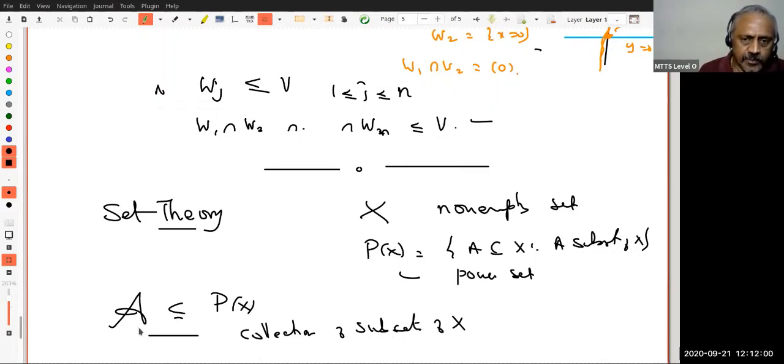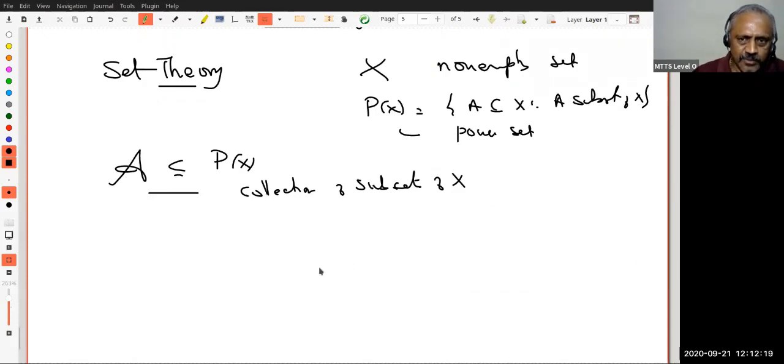For example, A may be only singleton subsets. Or, if X equals R, P of X will be all subsets of R, but my A may be only a collection of intervals. Therefore, the set of rational numbers is not going to be in A. Whenever you learn such things, you should think of simpler examples so that you feel comfortable. So A is not necessarily equal to P of X. That's what I want you to know.